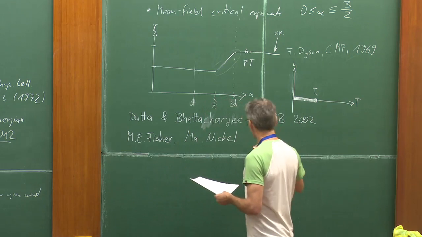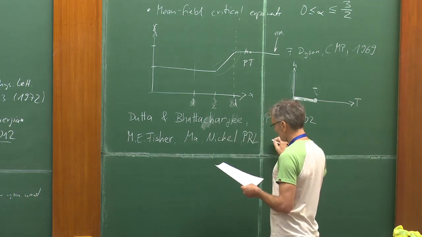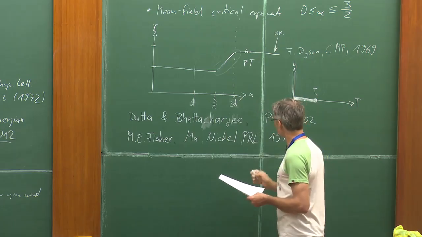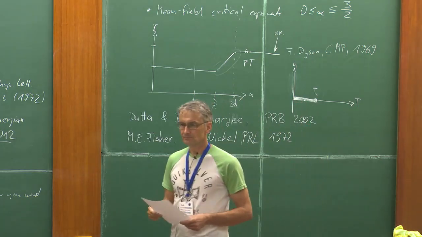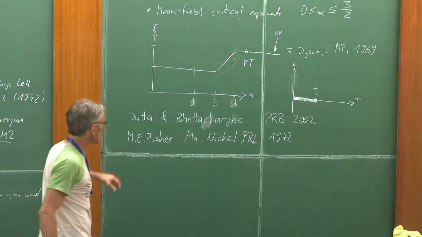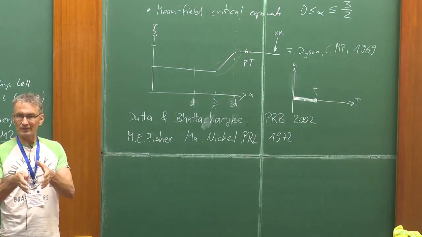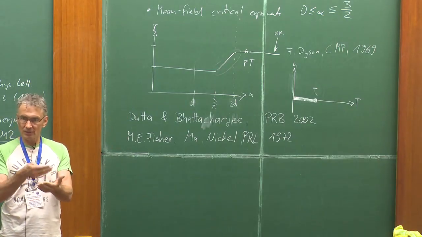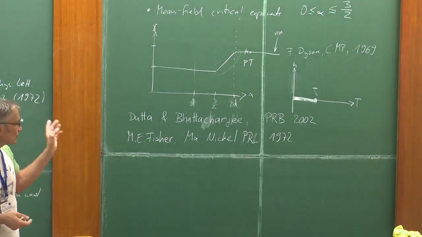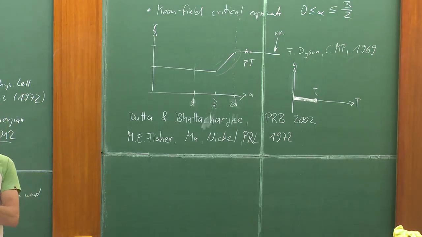And this is also an old paper, a PRL from 1972. Yeah, so this one here, the PRB, is the one that is most closely on exactly the 1D transverse field Ising model, which is what we're looking at, but referring to the other papers in any case and telling why these are relevant as well.